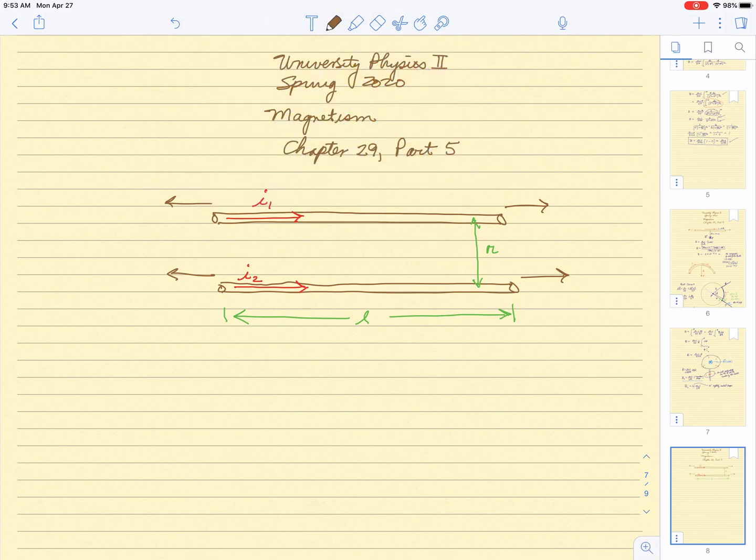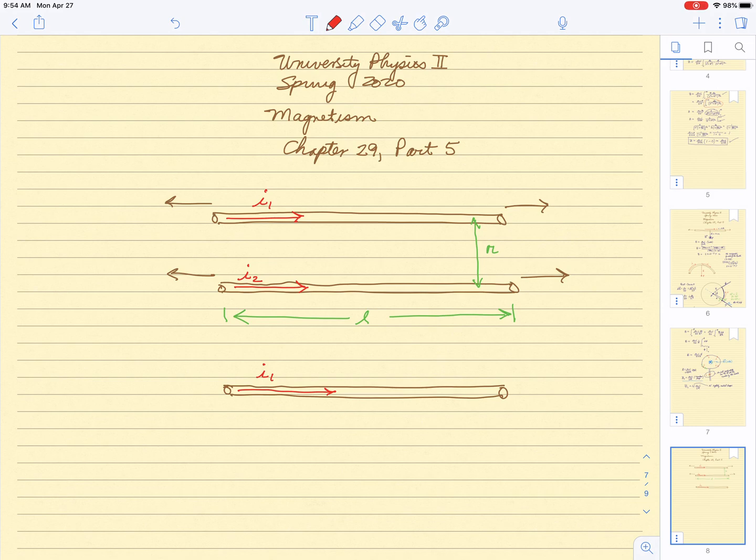So let's then redraw this. So here's wire 1, current going through it, I1, and obviously these wires are going to have to be connected to a source of EMF in order to have that current established, but that's outside this picture, okay?